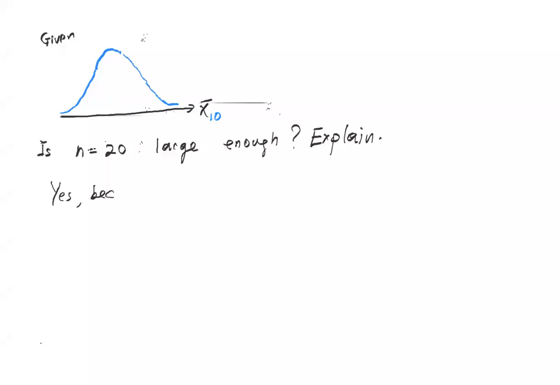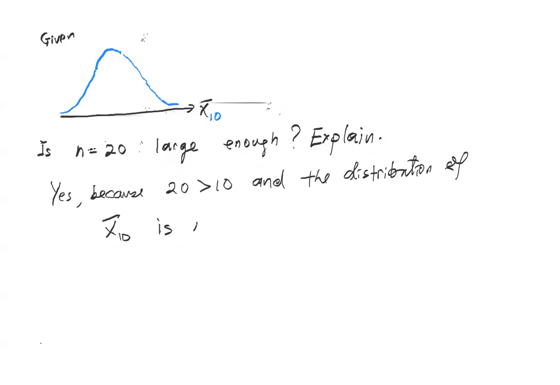Because 20 is greater than 10, and the distribution of X bar 10 is normally distributed. You see or not? When we use the rule of thumb, that means we have no other information. Do you get me?